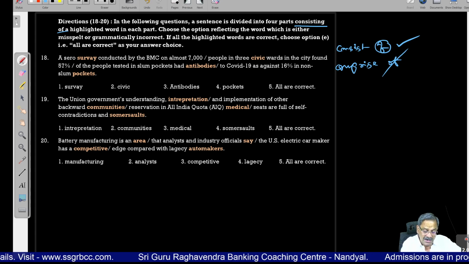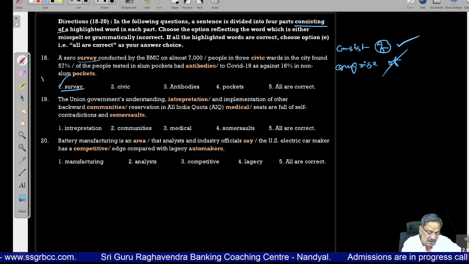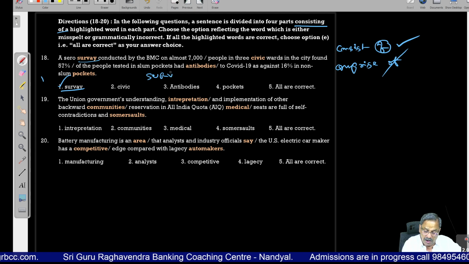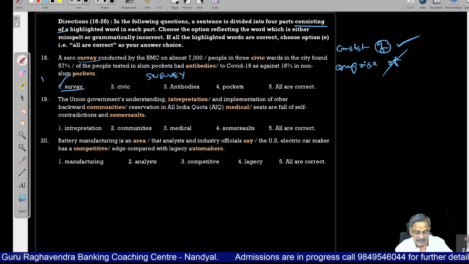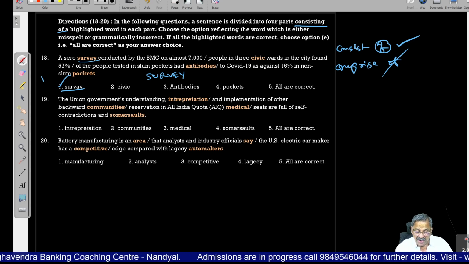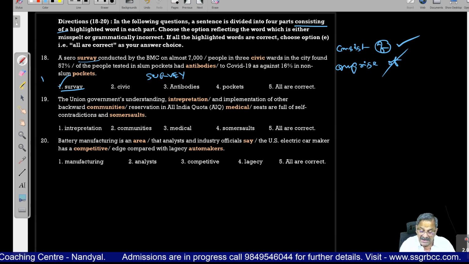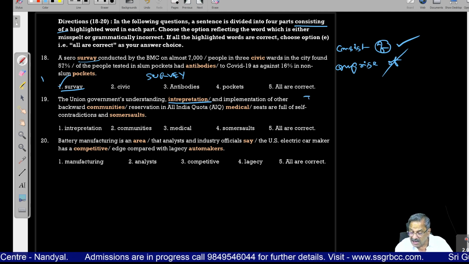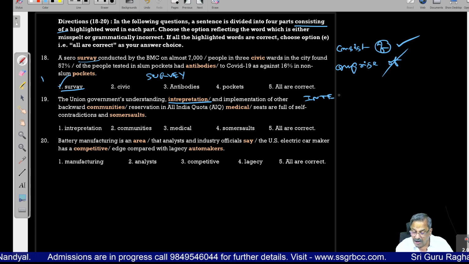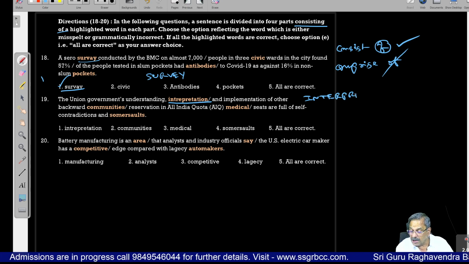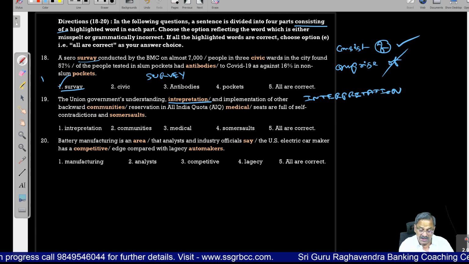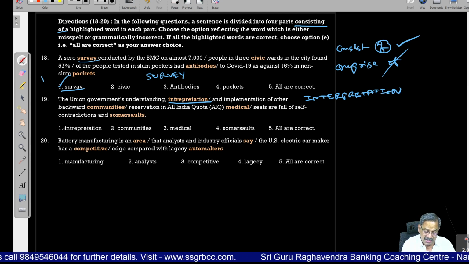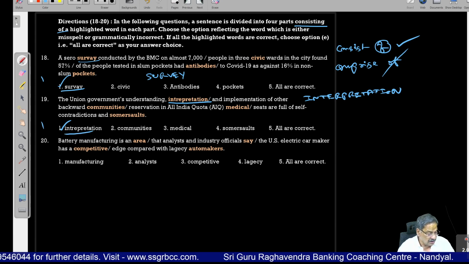Survey, S-U-R-V-E-Y. This is absolutely wrong. What is the meaning? S-U-R-V-E-Y, survey. Then 19th one, interpretation, INTERPRETATION. That is interpretation, interpretation is wrong. So one is wrong.